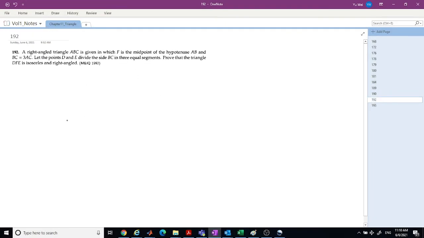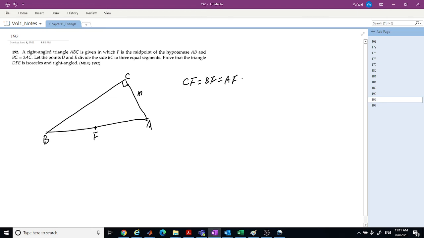Right triangle ABC, with F the midpoint of the hypotenuse, and BC is 3 times AC. So we have a right triangle ABC, angle BAC, and BC is 3 times AC, so it's m and 3m, and F is the midpoint here, so we know CF equals BF equals AF.